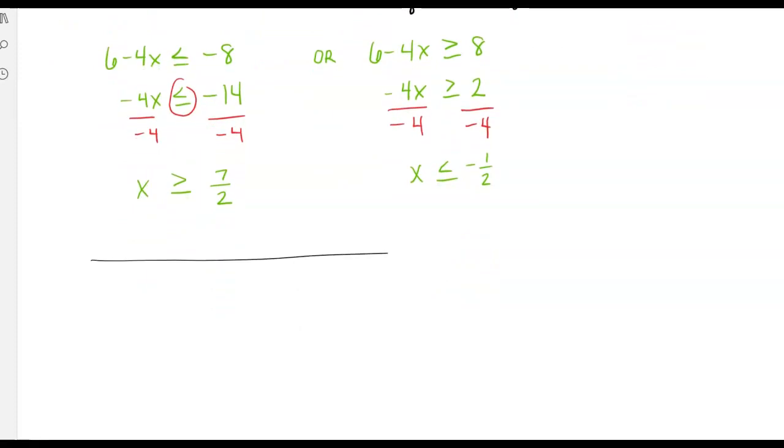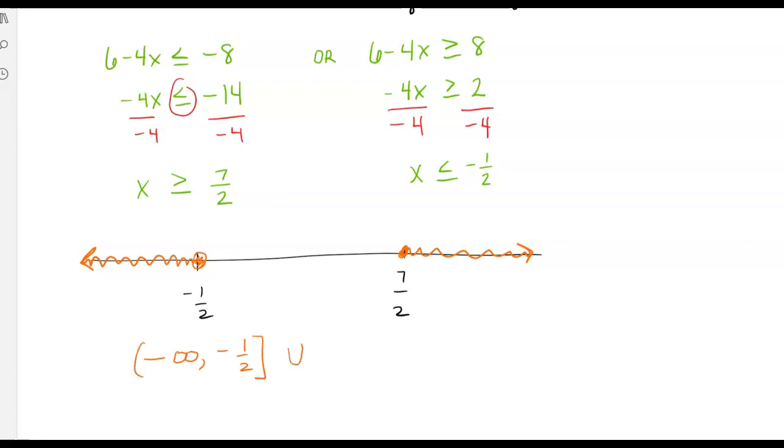Looking at this on a number line, I'm having things that are less than or equal to -1/2 or greater than or equal to 7/2. So going from -infinity to -1/2, close bracket because we're including the endpoints, and then going from 7/2 to +infinity.